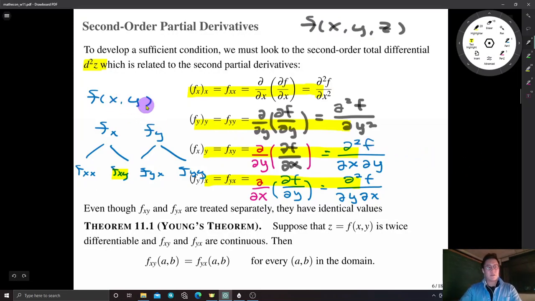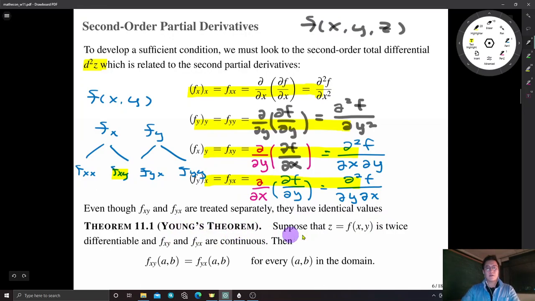All right, so in the case of two variables, we have 4 second partial derivatives. But here is one important fact. Although f sub xy and f sub yx are treated separately, they have identical values. These two cross partials look different because in this one we took the derivative with respect to x first and then y next, and here we switch the order. But it does not matter. These two are equal to each other under very general conditions, and that is known as Young's theorem.